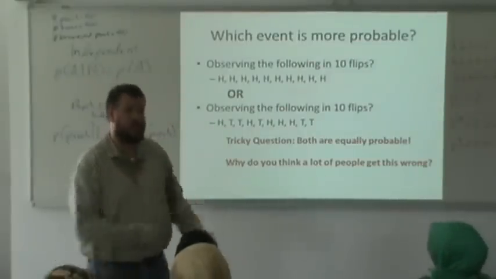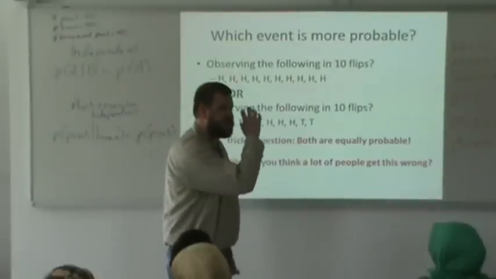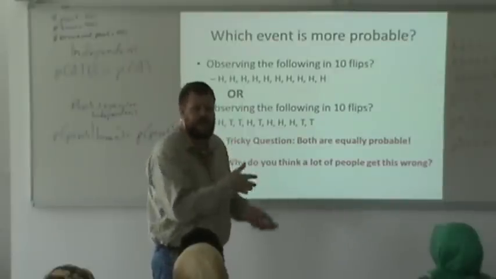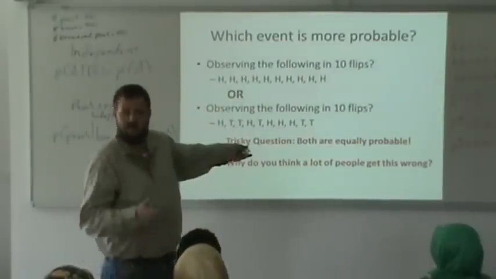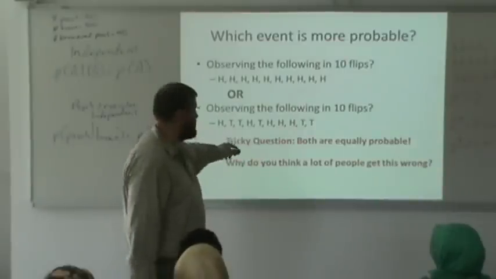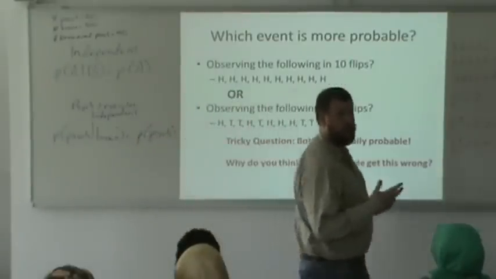I completely agree with you. Each is a unique sequence that has the same probability. Each is equally probable, right? You're unlikely to see either of those when you flip a coin 10 times. But a lot of people would say the second is more probable. Yes?